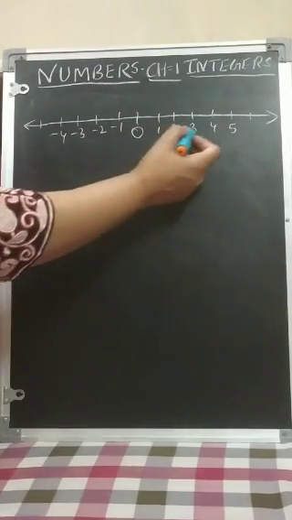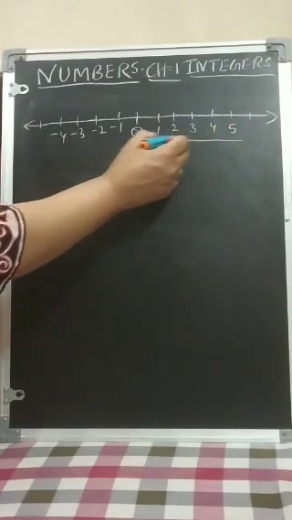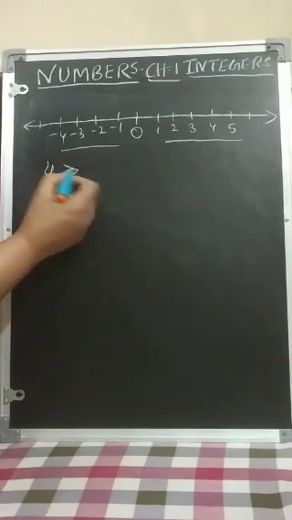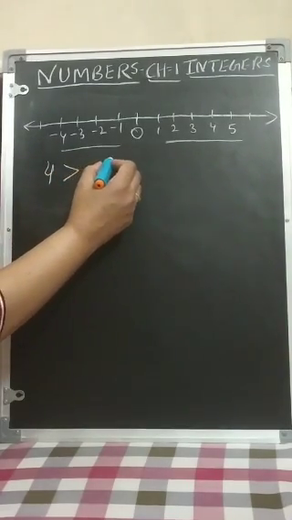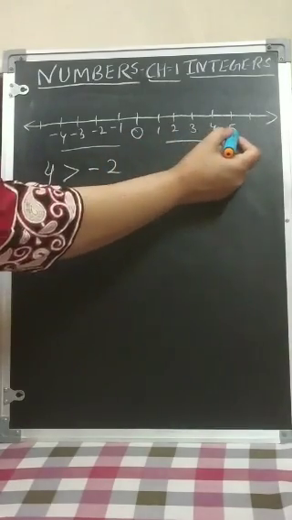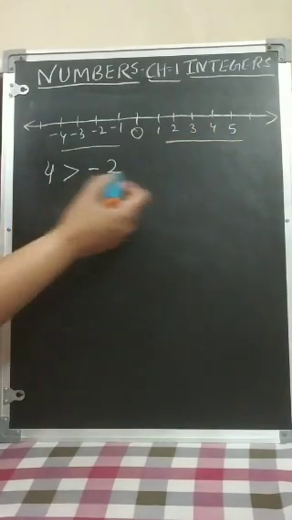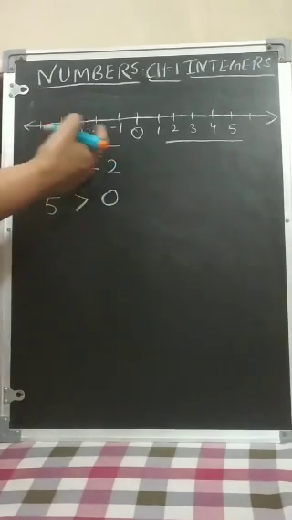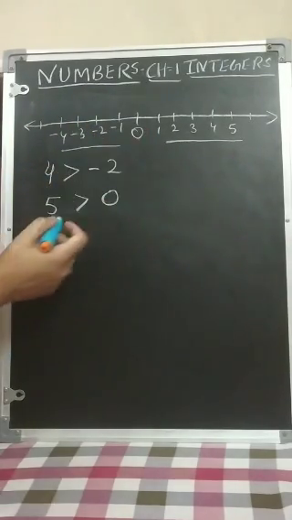First of all, positive integers are greater than negative integers. Every positive integer is greater than negative integers, and every positive integer is greater than 0. Suppose 5 is greater than 0, but every negative integer is less than 0.